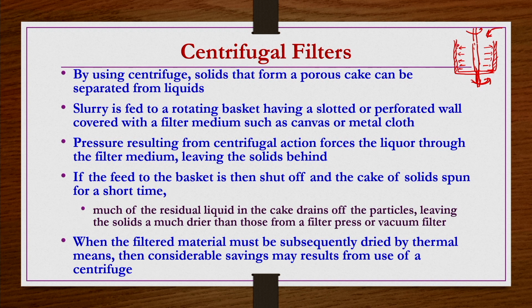So, these solids are being deposited on the filter medium; they are not able to pass through because the perforated plate, the bowl surface, is covered by the filter medium. So, only the liquid is coming out, and the solids are being deposited.